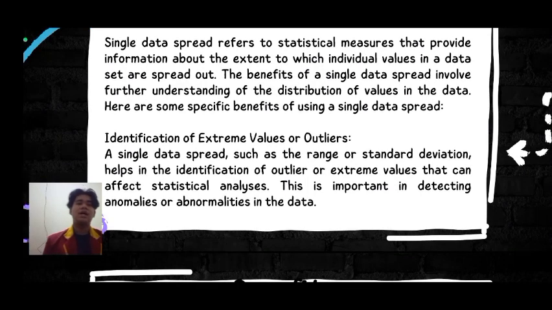The first is identification of extreme values or outliers. A single data spread, such as the range or standard deviation, helps in the identification of outliers or extreme values that can affect statistical analysis. This is important in detecting anomalies or abnormalities in the data.